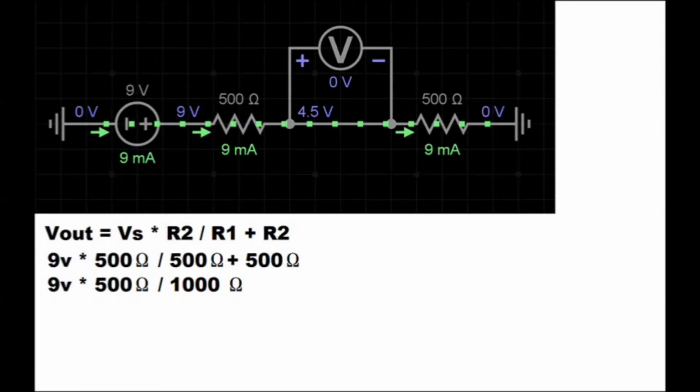To simplify further, we divide R2 by the total of R1 and R2. So we divide 500 ohms by 1000 ohms, which equals 0.5. The simplified equation is now 9 volts multiplied by 0.5, which equals 4.5 volts.